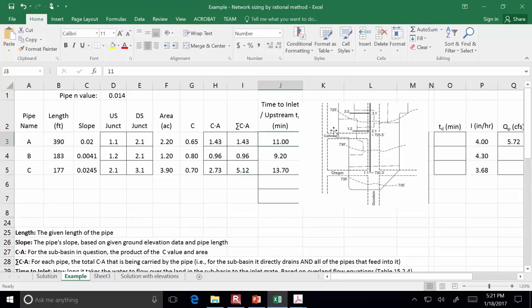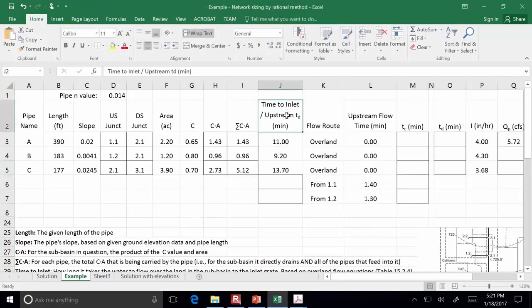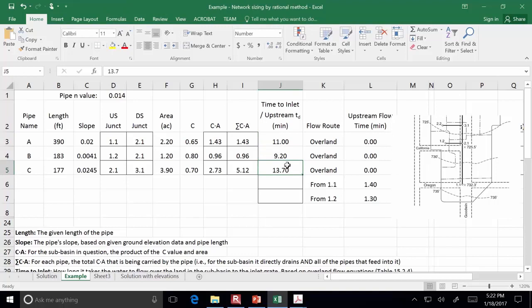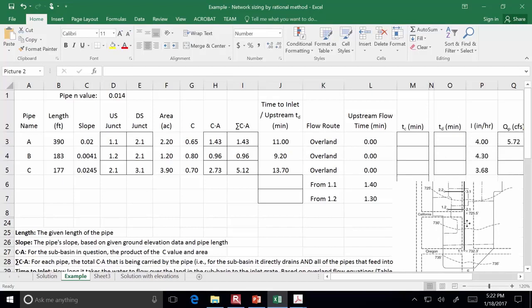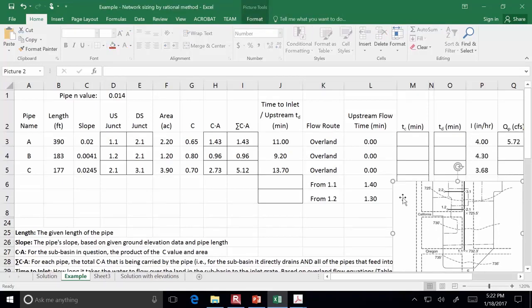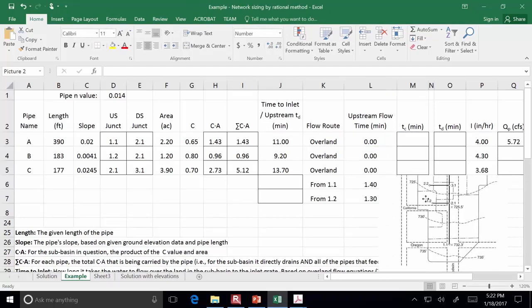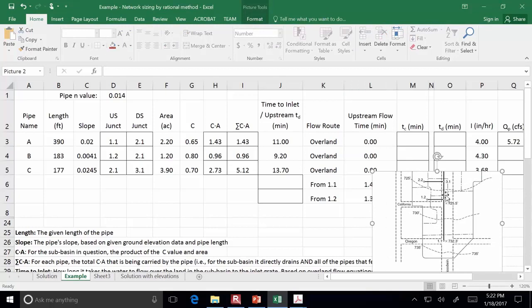All right. Now, this upstream time to inlet is the travel time, how long it takes for water to flow over the surface until it gets into the inlet. And so that was just given immediately. There's not anything that you need to do with that yet. And it's overland flow, meaning that it was over the surface of the land to get into that inlet. And this column, time to flow, upstream flow time, is one that kicks in when we're talking about other pipes downstream in the network.